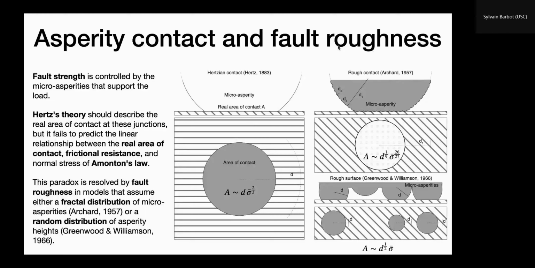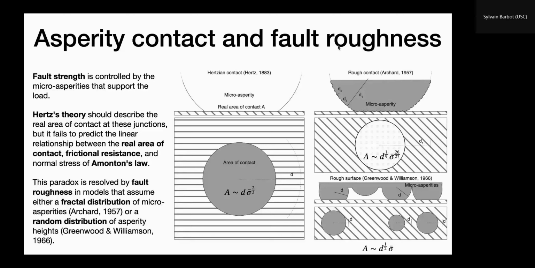If the beads themselves are rough, there is a closed form solution for the area of contact, and it happens to be almost linear with normal stress, normal stress to the power 26/27, or almost 1. It also has a very weak sensitivity to the large size of the bead: d to the 1/9. So that's the first model.